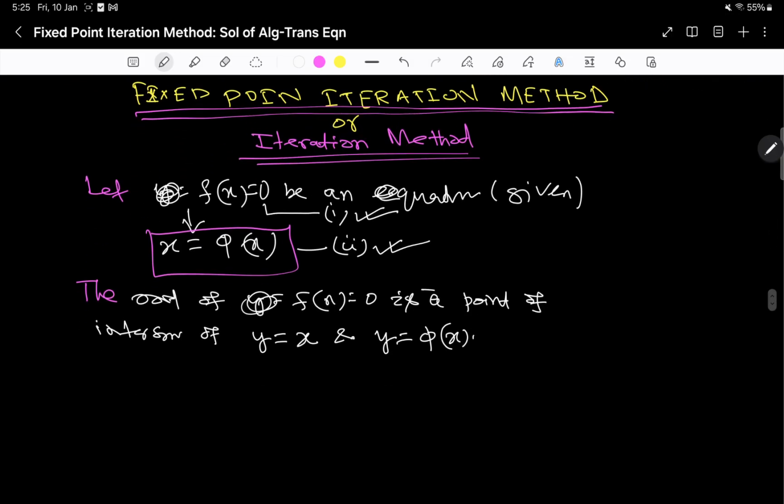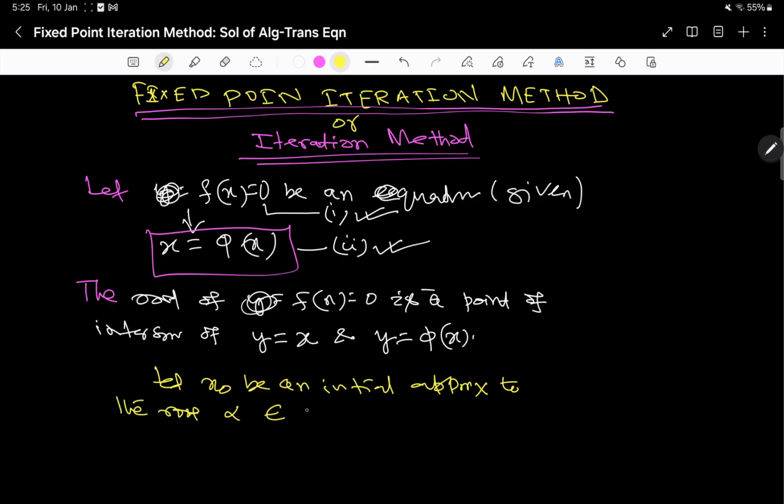Okay, so let x0 be an initial approximation to the root alpha in the interval AB. In this interval the root lies.